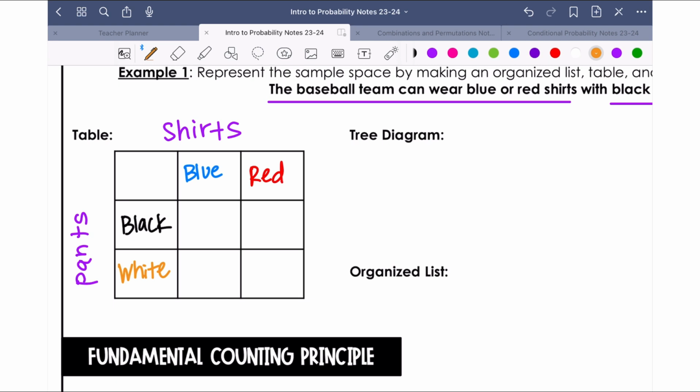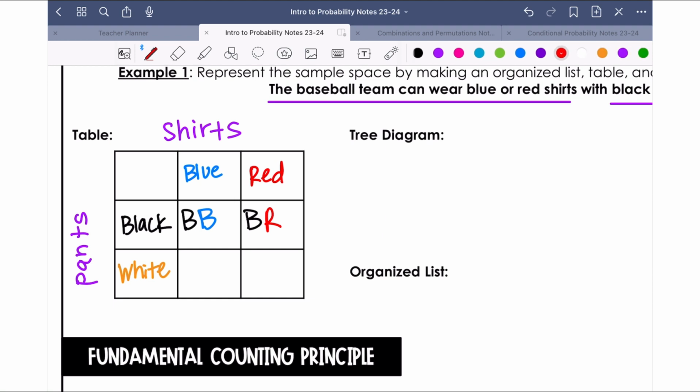And so now we're going to list out the outfits that can be put together. So you can either have black pants, I'm going this way, black pants with a blue or red shirt. Okay, do y'all see that? Going this way. If you wear black pants, you can either wear black pants with a blue shirt or black pants with a red shirt.